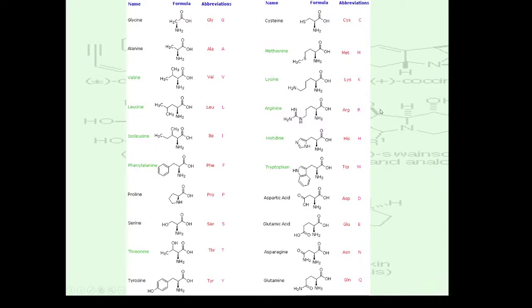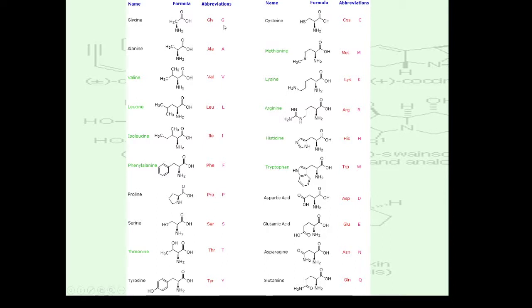Here are the amino acids. Now, there are 3 ways of naming your amino acids. This is a huge chart. It shows up better on the slides than it does on the video, but there's a full name, a 3-letter abbreviation, and a 1-letter abbreviation.